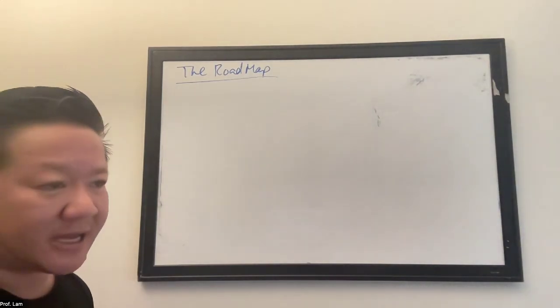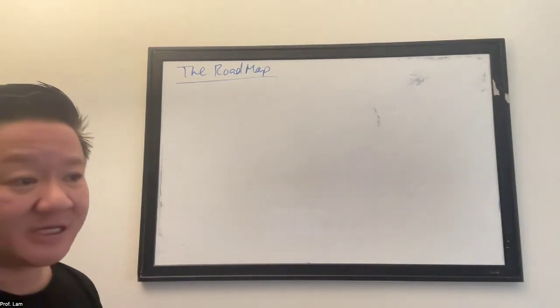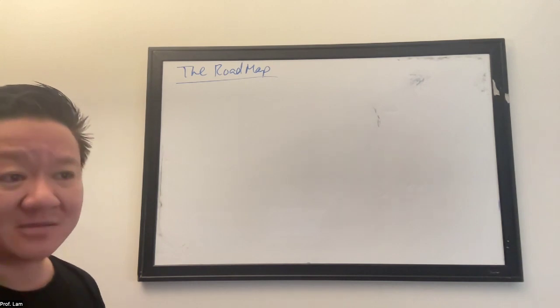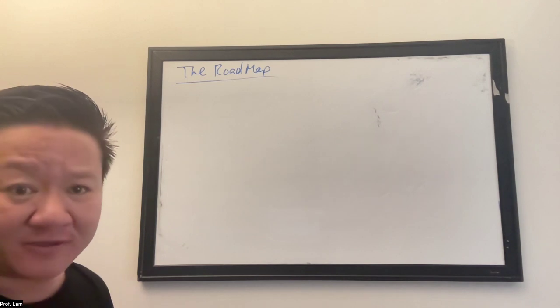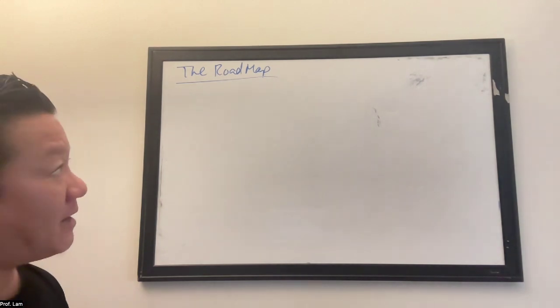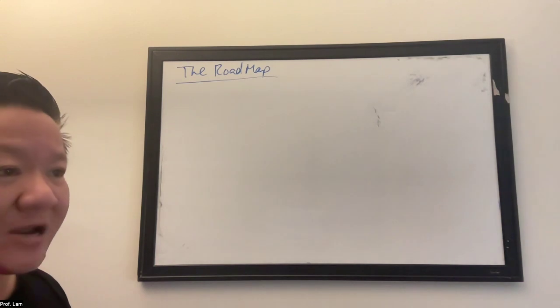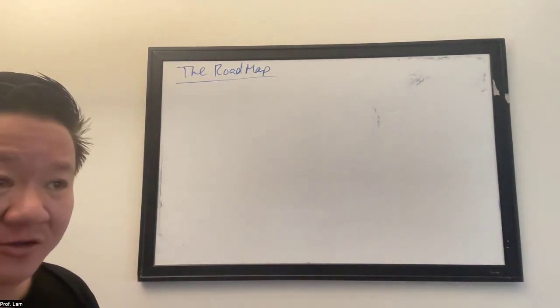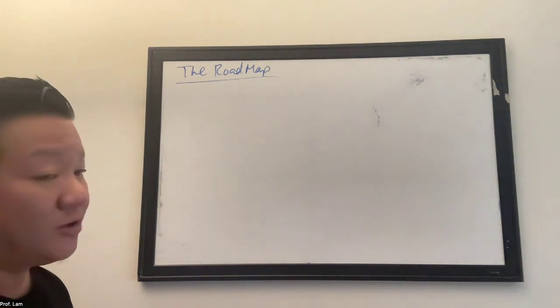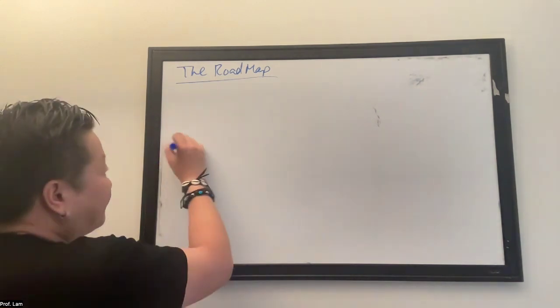If I want to go to, say, San Diego from San Francisco, that's one route, right? But if I want to go to Los Angeles from San Francisco, then that's going to be another route. So it's kind of like that, right? When you're doing unit conversion and you're going from this unit to this other unit, well, you need a certain road. And so we can summarize it like this.